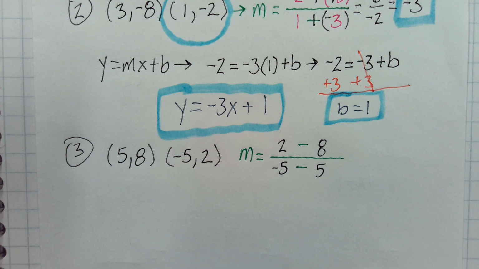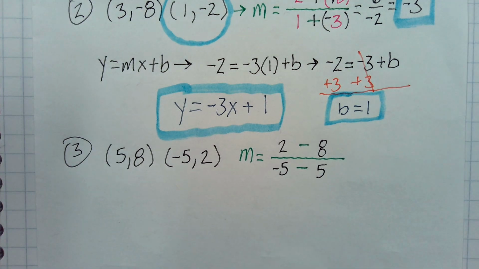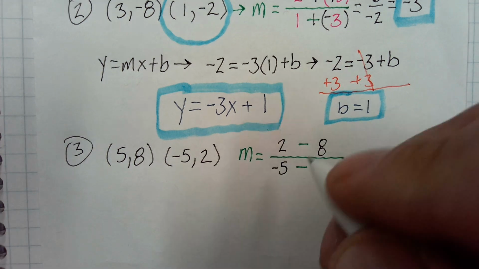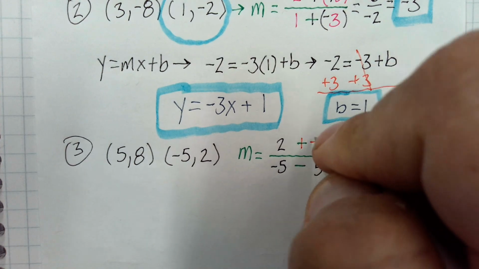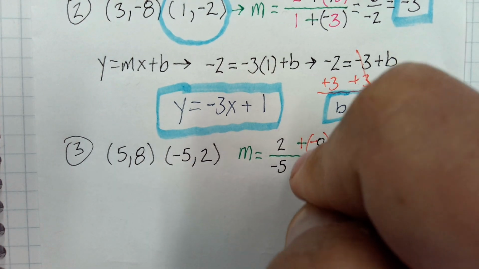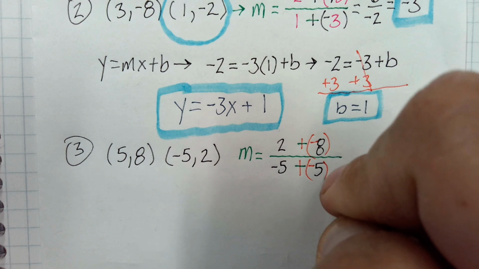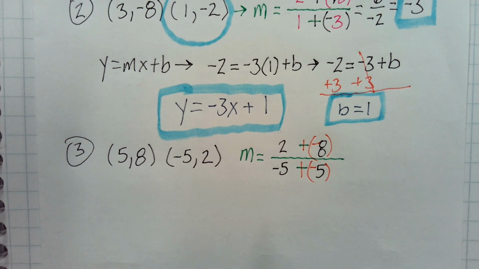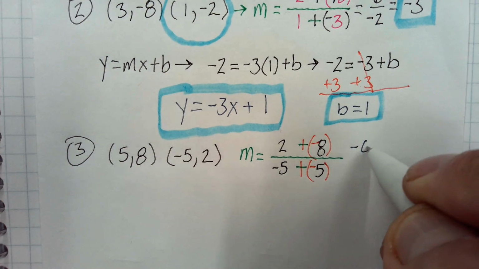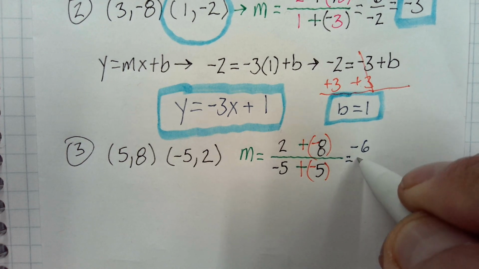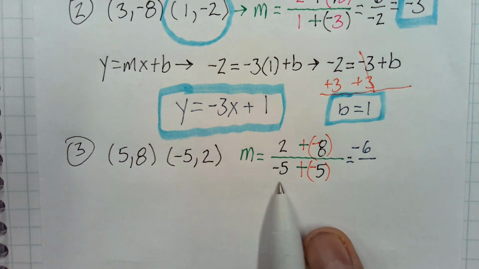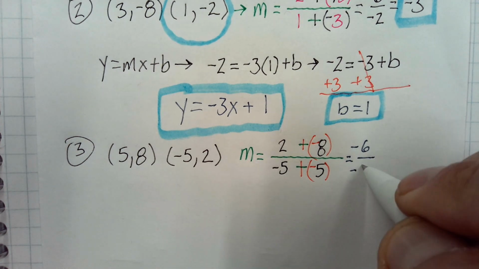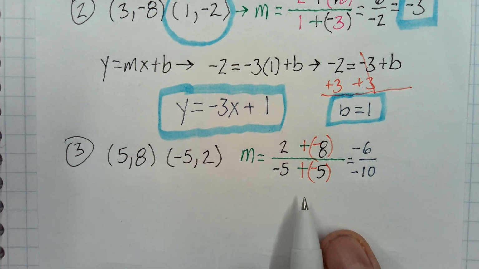Any questions? Let's change those. I see some negatives, so I feel more comfortable changing it to addition. Keep, change, opposite. Let's see what that gives us. 2 and -8 is -6. -5 plus -5, well, you're adding them, remember?